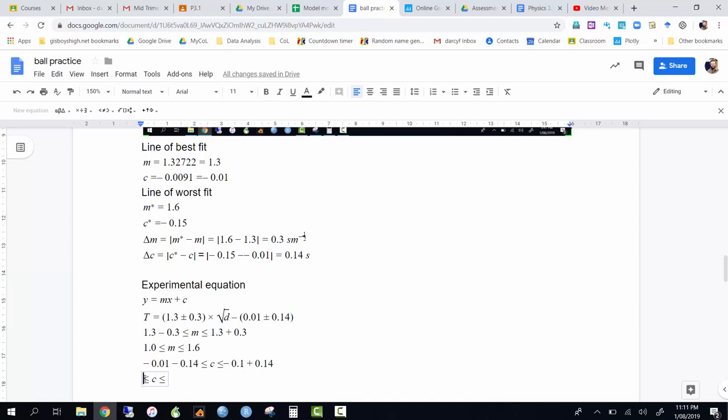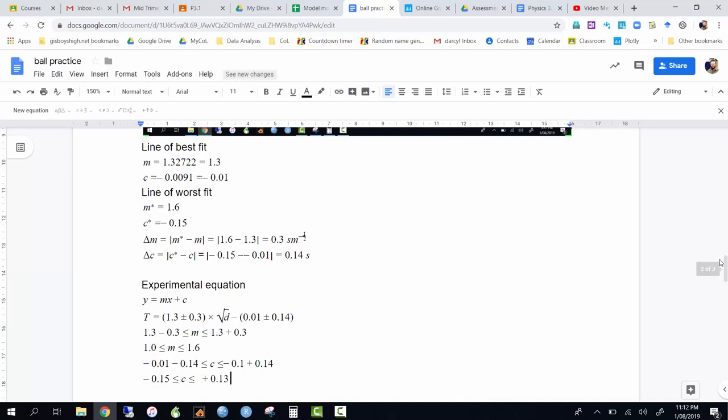So that would be negative 0.15 the smallest it could be, and positive, to stress, 0.13. So there's the range I have for my y-intercept as well.